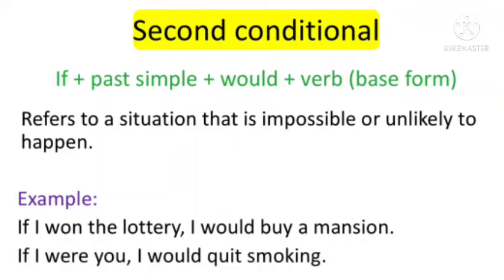It refers to a situation that is impossible or unlikely to happen. Examples are given here. The first example is, if I won the lottery, I would buy a mansion. And one more example, if I were you, I would quit smoking. These are the examples for the second conditional.